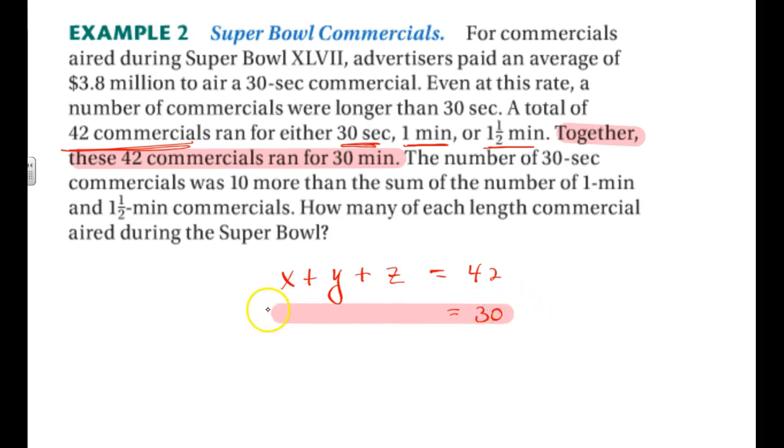So to find the total time, I would have to take the number of 30-second videos, and that's half of a minute, times x, plus the number of 1-minute videos, so that'd be a 1y, plus the minute and a half times however many z commercials there are.